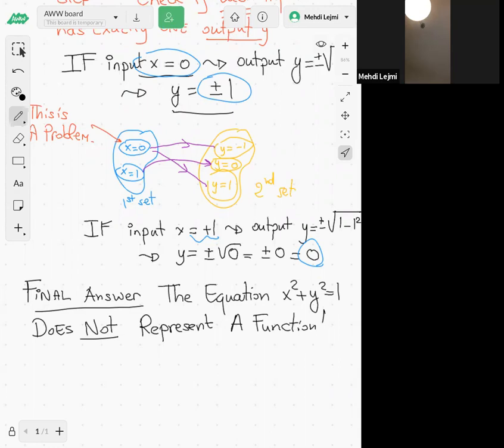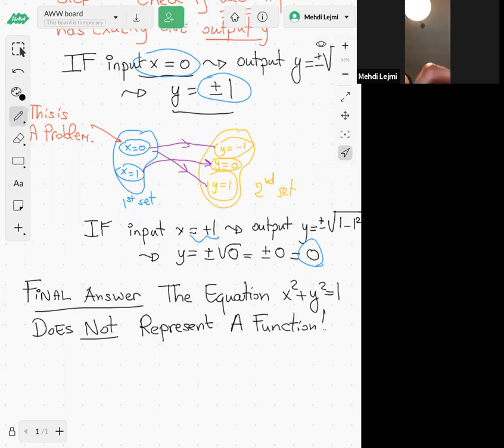Here X is supposed to be the input, and Y is the output. So this equation is not a function.